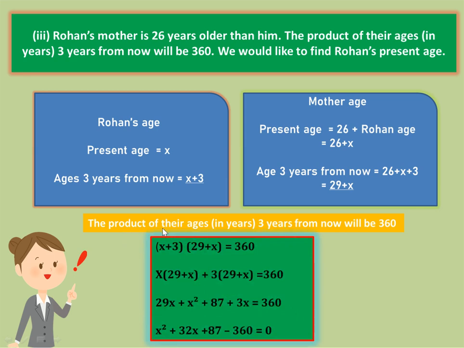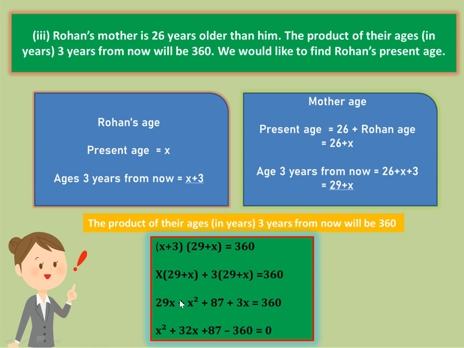Now here, see here, their ages: x plus 3 is Rohan's age, and 29 plus x is his mother's age, is equal to, will be 360. Product is 360, given in the problem. You know how to multiply. First term into full binomial: x into 29 plus x, 3 into 29 plus x is equal to 360.